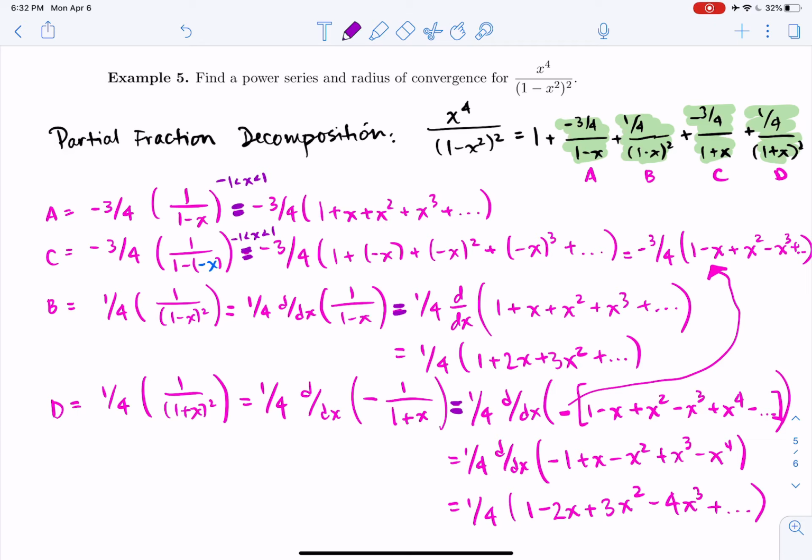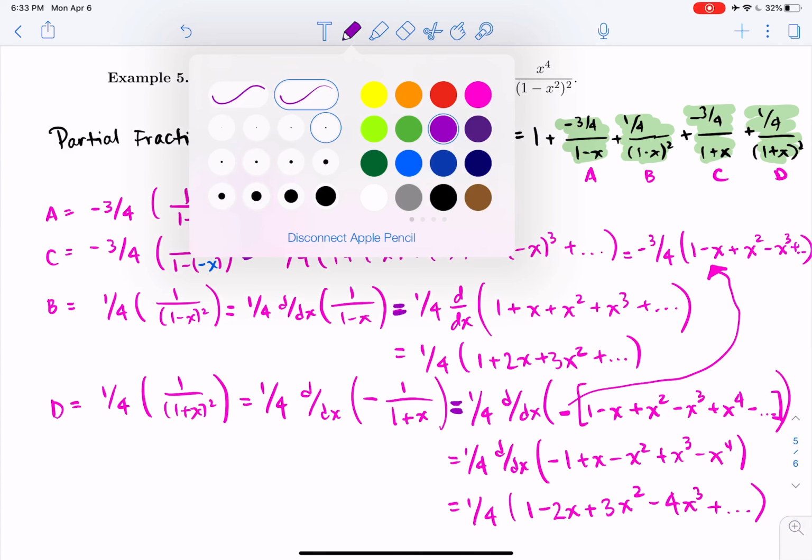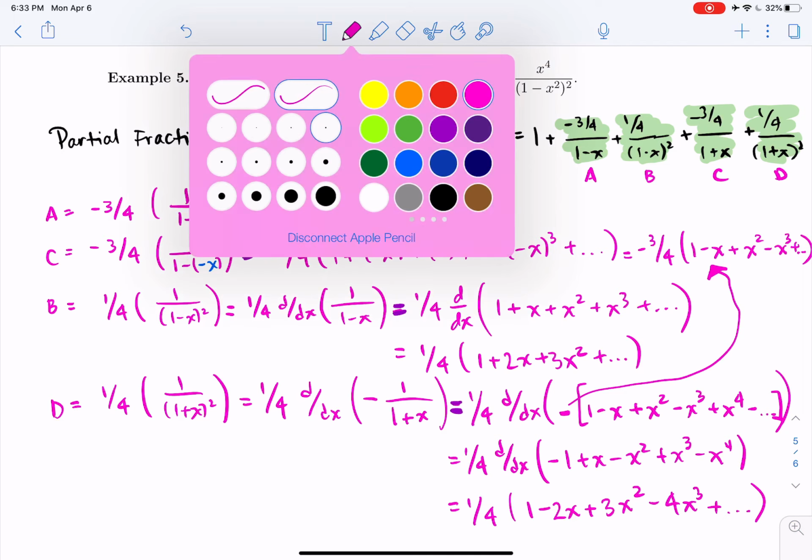Then this equality here for part B, remember that the derivative of the power series has the same interval of convergence as the original. So this thing's interval of convergence is the same as this one, because we're just taking a derivative. Okay, and that's by our little theorem up top.